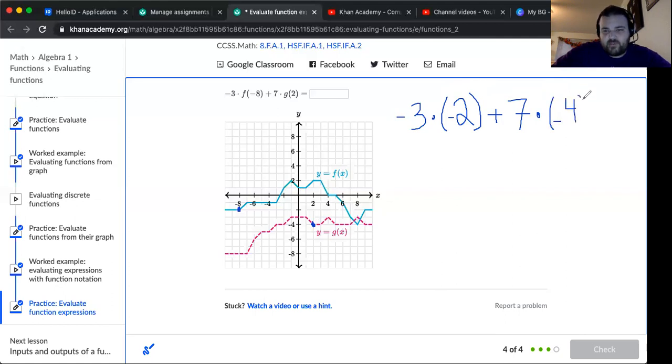If you keep messing up on the order of operations, honestly, this is high school level math, and the order of operations is a 6th grade level skill. So in my opinion, I don't care if you use a calculator to get the answer correct at this point. Whoever is working with you, we're not here to see if you know 6th grade math. We're working with you on, can you do this function thing?